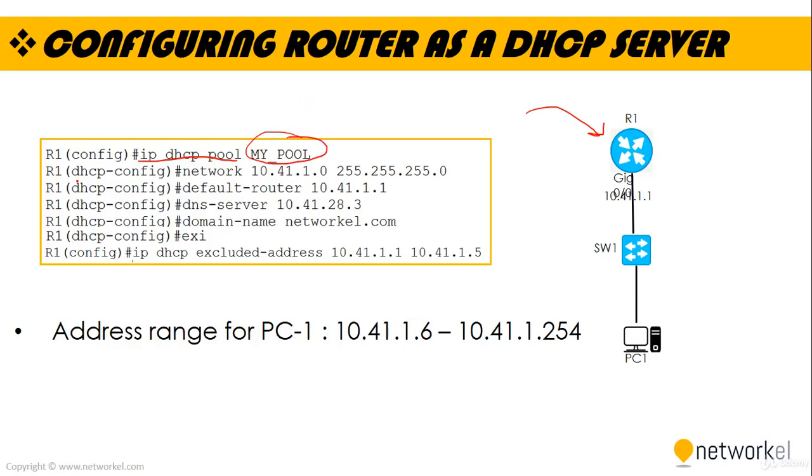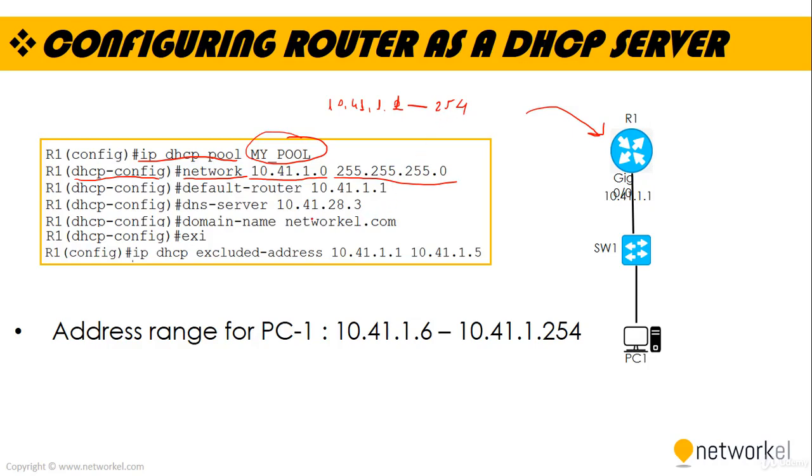Then we are getting into DHCP config mode, as you can see, and we are typing the address range first. To define this address range, we need to type the network command with the network ID and a subnet mask, which means our range will be between 10.4.1.10 to 24.